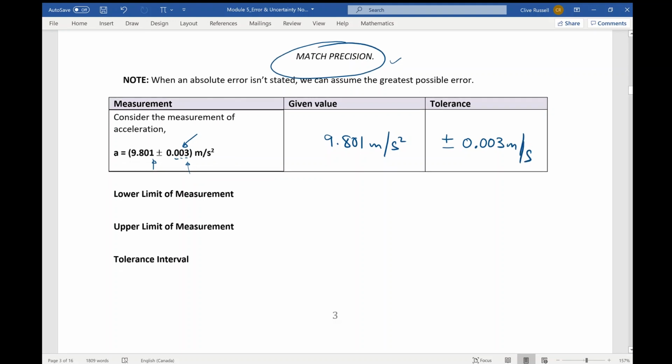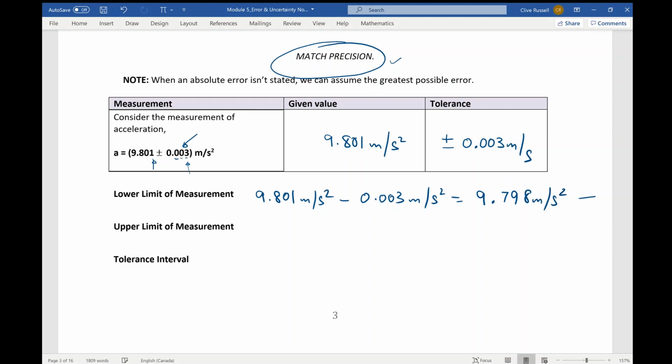Now the lower limit, as I mentioned earlier, is a smaller value. So the lower limit is 9.801, my measured value, minus the 0.003 meters per second squared, and that gives us 9.798 meters per second squared.